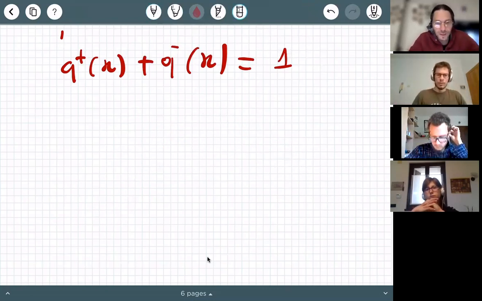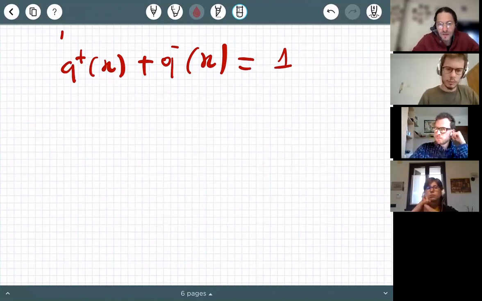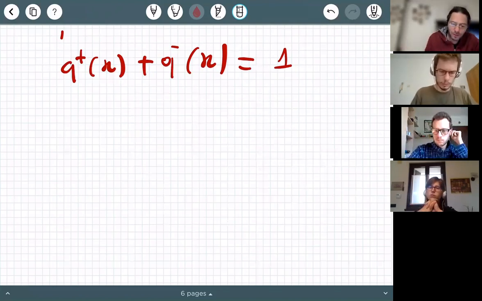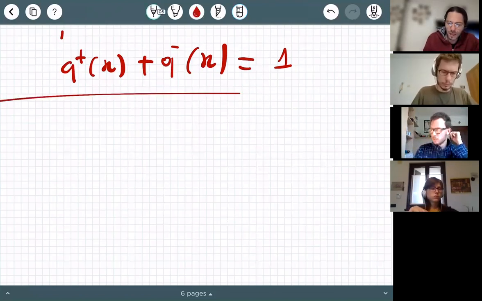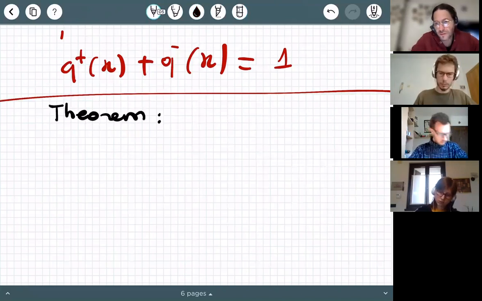Now, it turns out you can do better than that. You can actually demonstrate an important theorem, which is a formal one, and says, so let me say theorem, that we aim to demonstrate today.